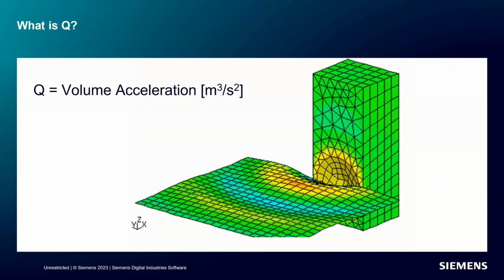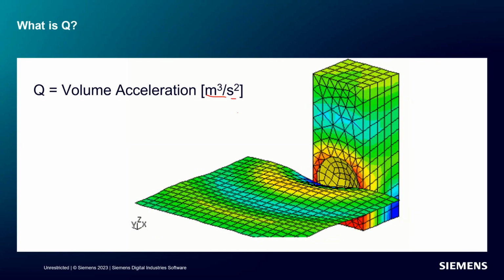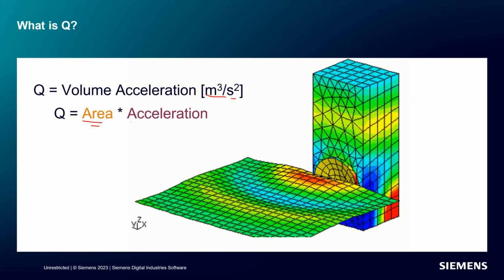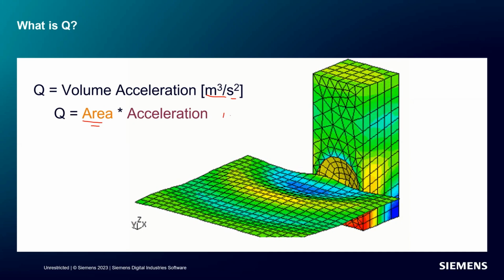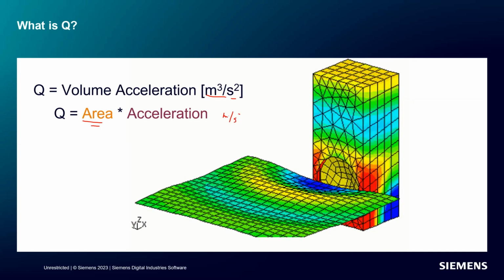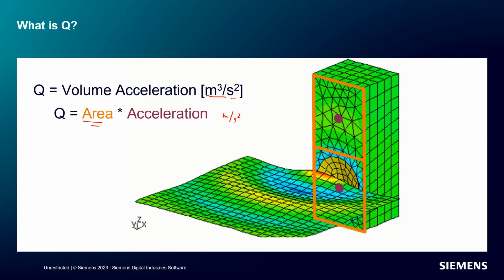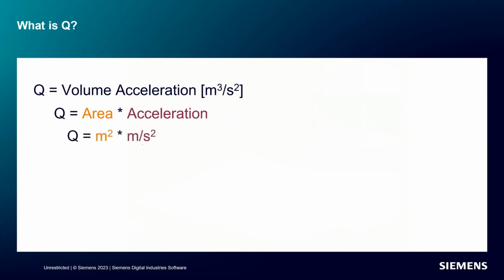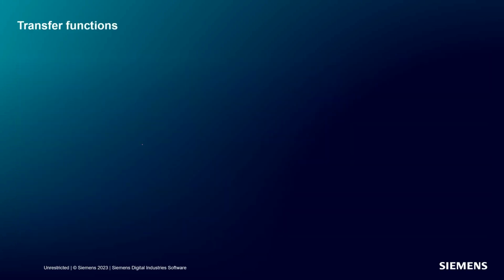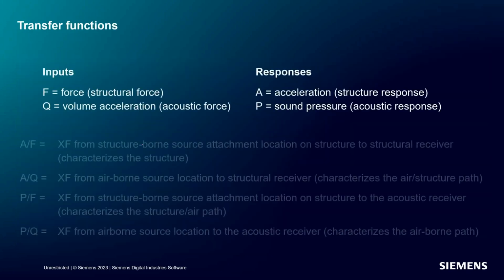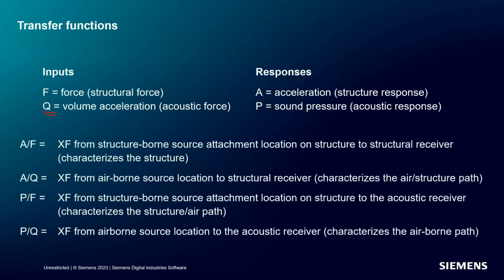We mentioned earlier that Q is meter cubed per second squared. It's actually an area, meter squared, times an acceleration, meters per second squared. If you just took an acceleration measurement and multiplied it by its corresponding area, you get meter squared times meter per second squared, and you get this Q value. So that's one way to quantify Q.